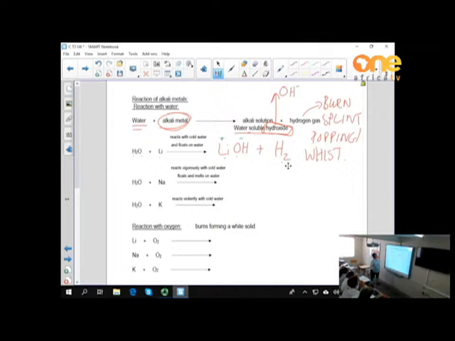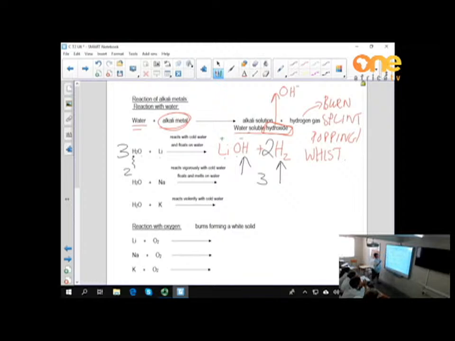Oh, it's got 3 hydrogens. Sorry, I missed that. Hydrogen, we have 2 over here. There I've got 1 and 2 over there. So how many hydrogens have I got? I've got 3 over here and I've got 2 over here. So what's the trick? I will put a 3 in front of this one and a 2 in front of that one.